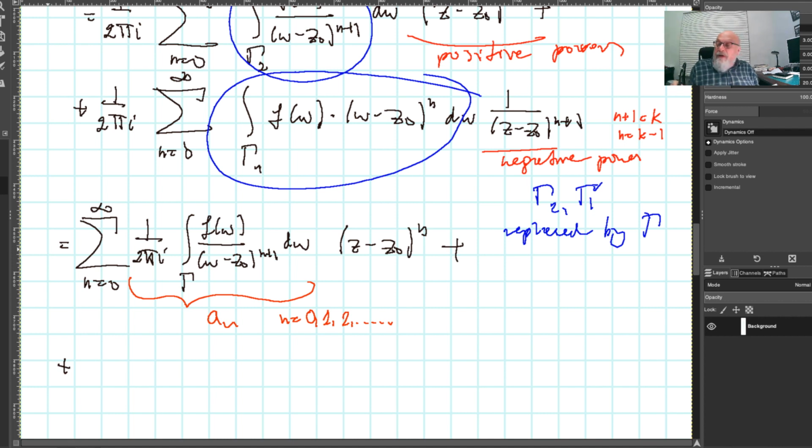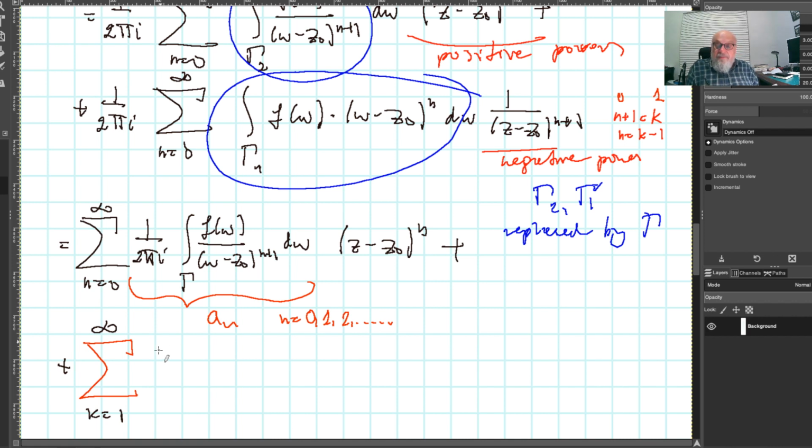Now this time, if n is equal to 0, k is equal to 1. So we begin here with k equal to 1, and this goes to infinity.